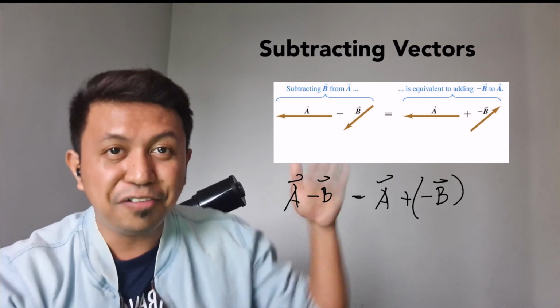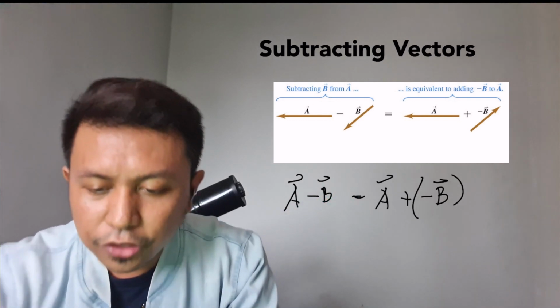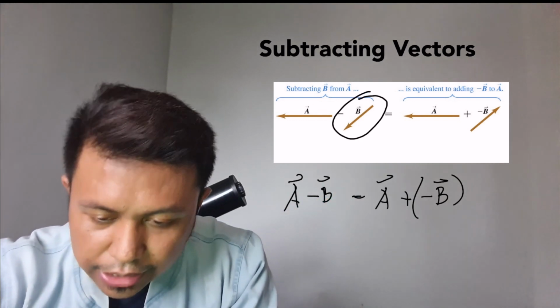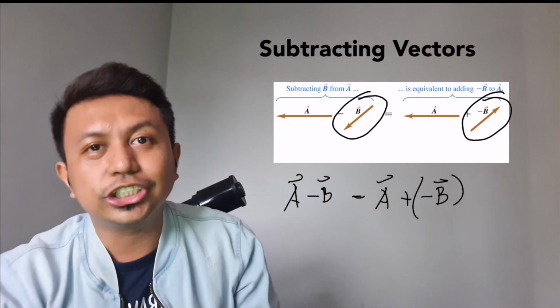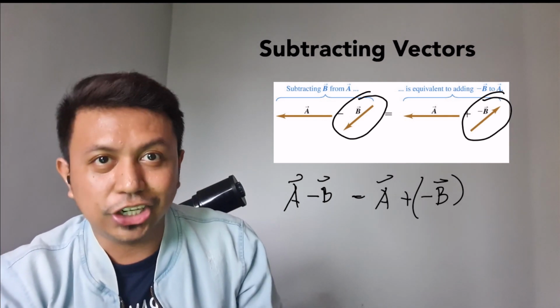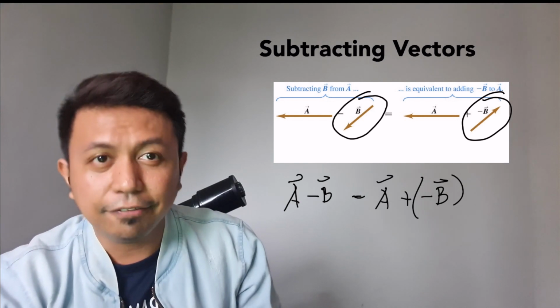We flip it. So if you notice, this vector is now flipped to the other direction to be ready for subtraction. Alright, so that's subtracting vectors.